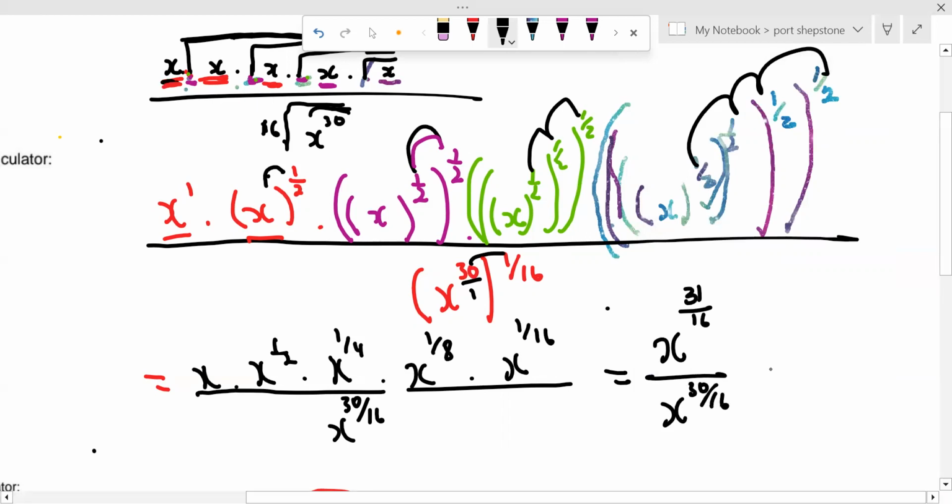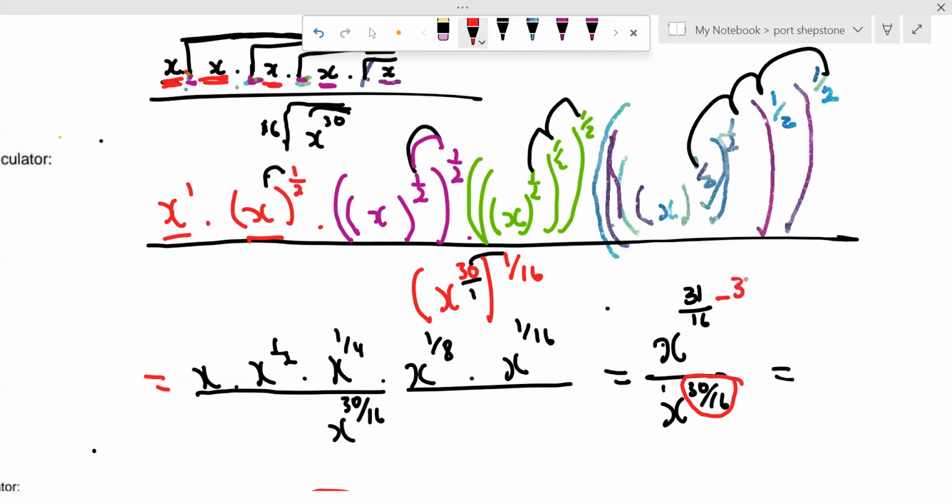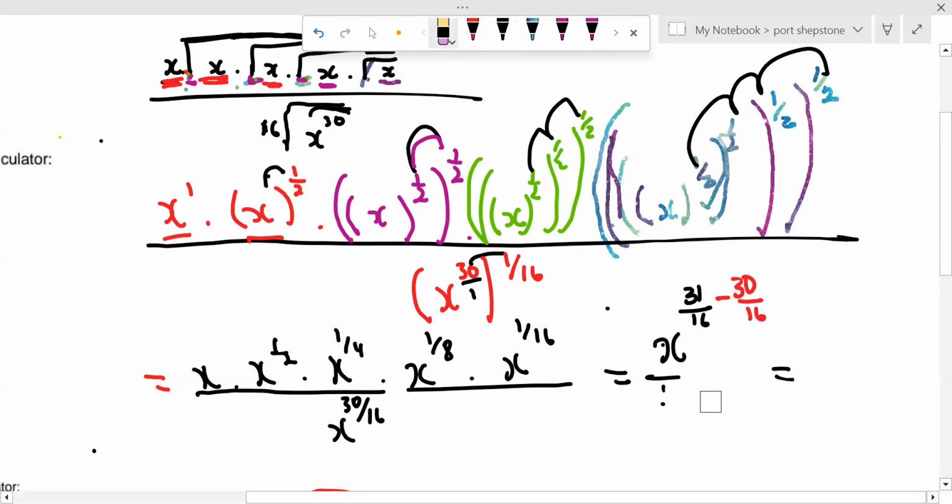Now, if we are dividing powers of the same base, what do we do? What is the law? We subtract. So we should take this thing up again. When we take it up, it's going to be minus 30 all over 16. Then we can erase it here. So it's no longer there. Now you can guess what it is going to be.